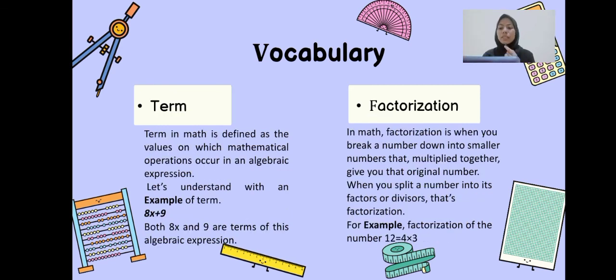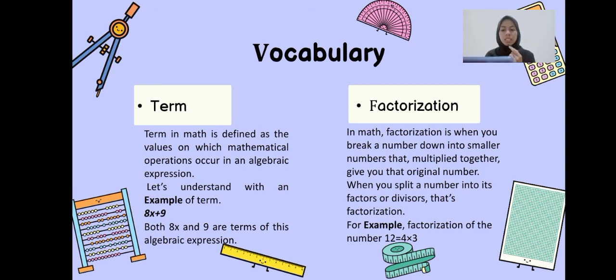Next, term. What is a term in mathematics? A term in math is defined as a value on which mathematical expressions operate in an algebraic expression. So let's understand it with an example of a term. In 8x plus 9, both 8x and 9 are terms of this algebraic expression. So next, factorization. What is factorization?